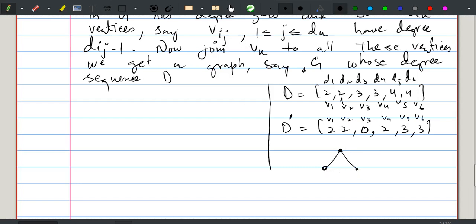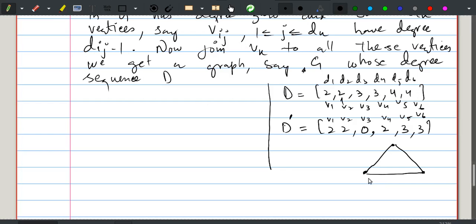So let us first draw this. V5, V6. So first of all let us draw its graph. So this is the vertex V3 because its degree is 0.